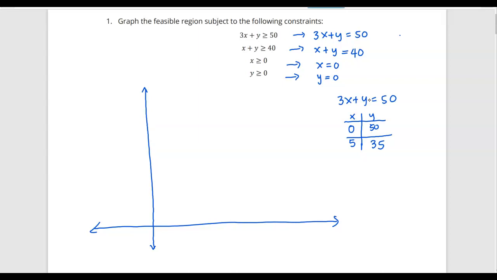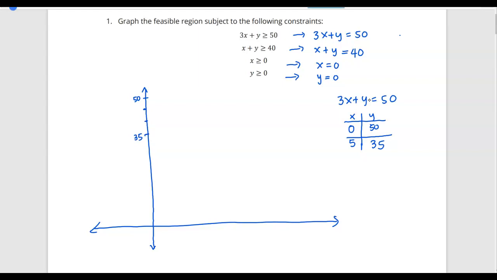So then let's have these 2 points here. So for instance, this is 50, and then 35. Let's do increments of 5. So we have 5, this is 45, 40, and then 35.